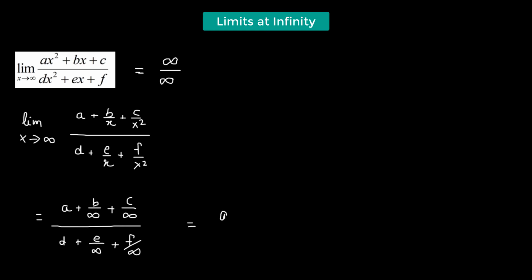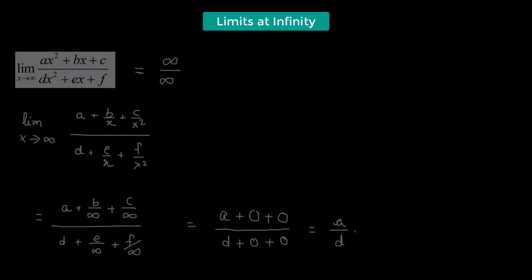So b, when divided by an extremely large number, is going to give us 0. c divided by infinity is going to give us 0 as well. So we have d plus 0 plus 0. So that means the limiting value of this given rational function is going to be a over d when x approaches an extremely large number.